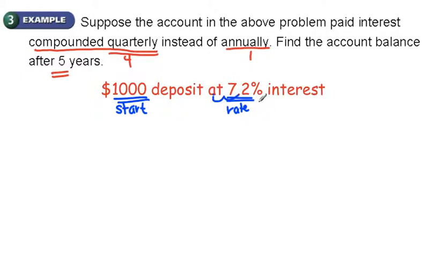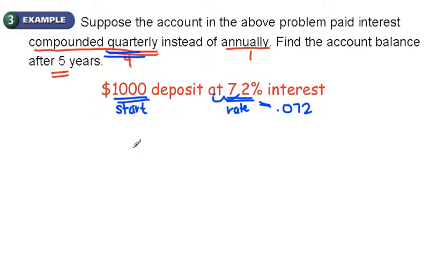So this is 0.072. Now here's what gets interesting. That would be over the course of a year, but we need to know what the interest per quarter would be.